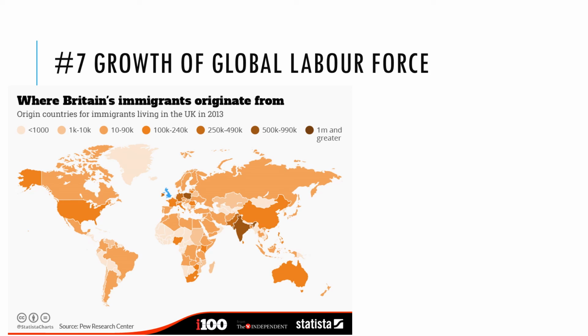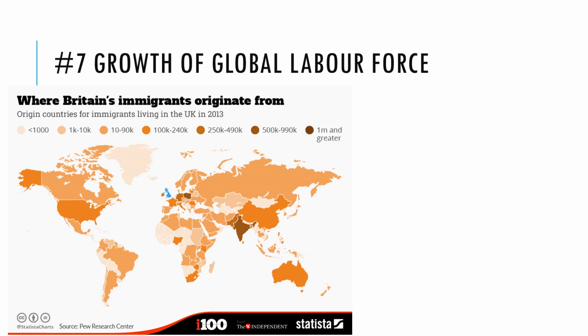Number 7 is related. It's the growth of the global labour force. So if you look at the labour force within Britain, you can see in this chart down here where a number of those are economic migrants, so immigrants from other countries. So we can see large numbers perhaps from Poland or from India.